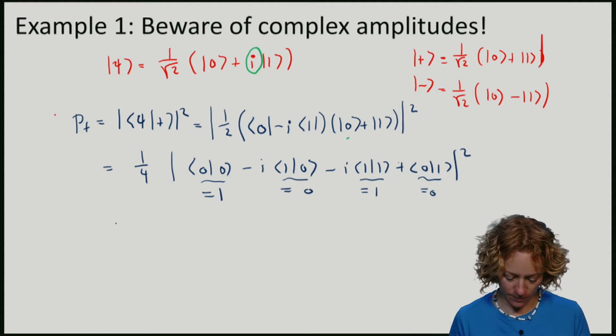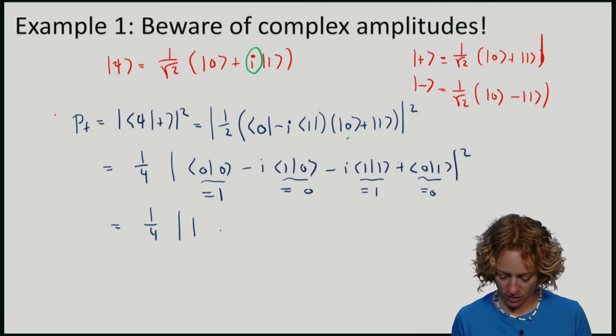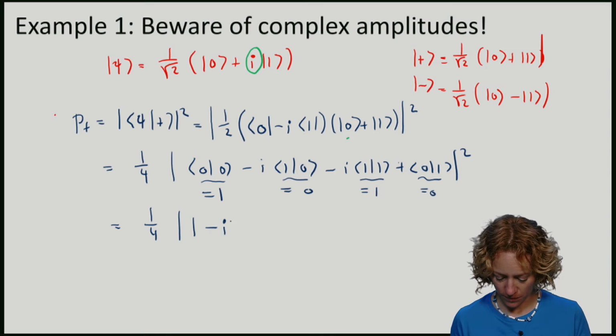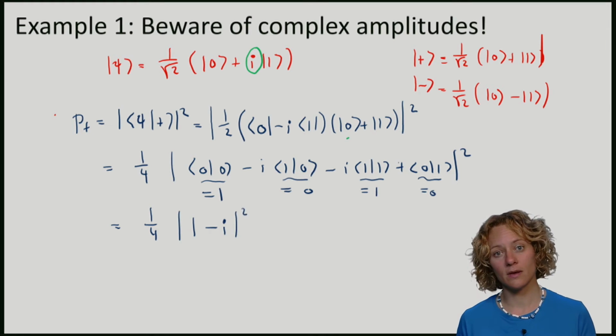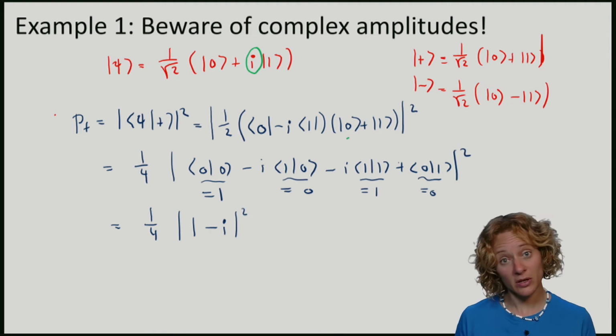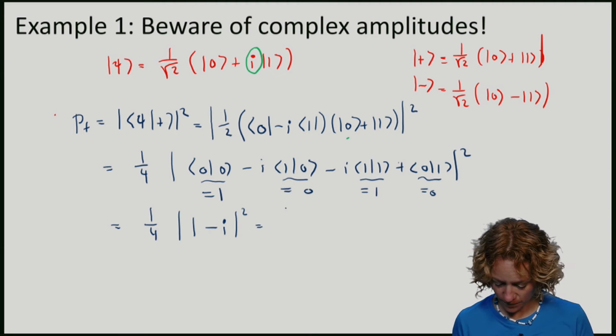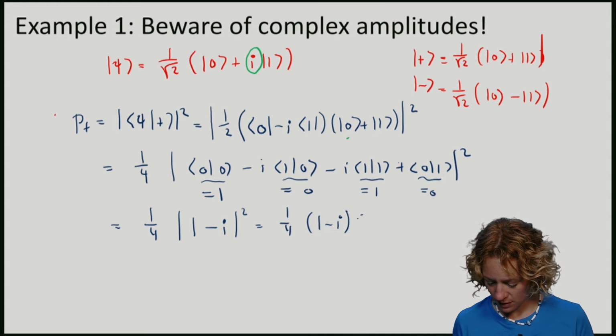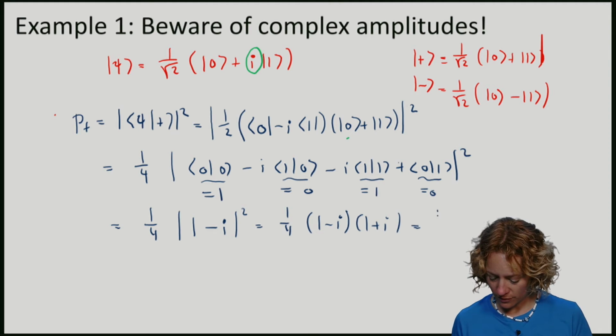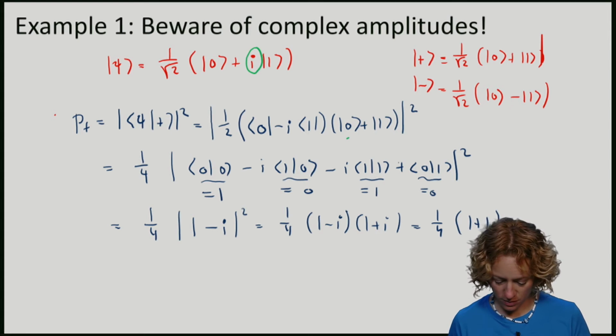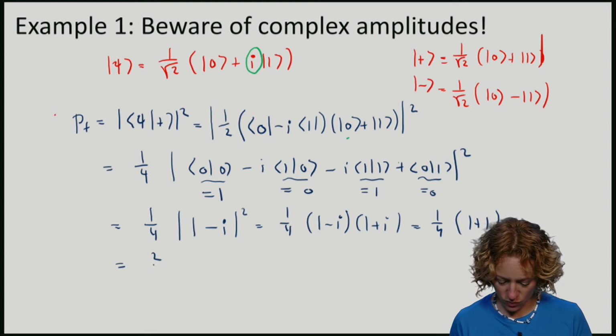So what do we get? We have 1 over 4 times 1 minus i. So remembering the definition of this, namely a half times 1 minus i, 1 plus i, we see that we have a quarter times 1 plus 1, which is 2 over 4, which is a half.